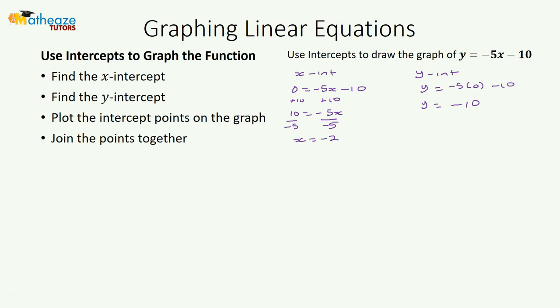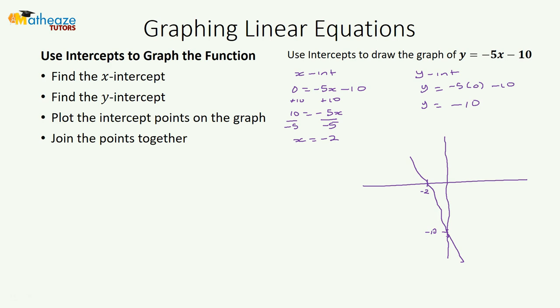Now we're going to plot these points on a graph. So according to this, the x-intercept occurs when x is equal to negative 2, and the y-intercept when y equals negative 10. We can extend this a little bit longer. So what we're going to do now is draw a line that joins both points together.